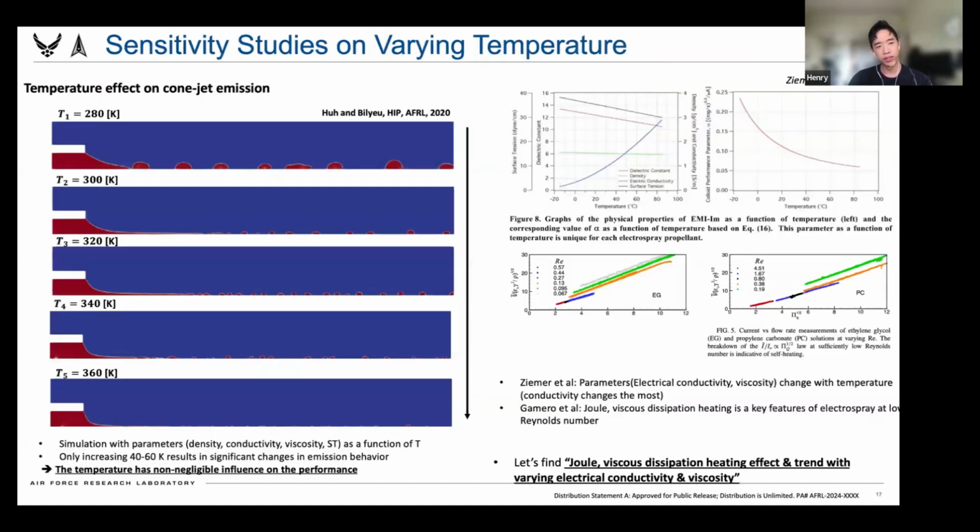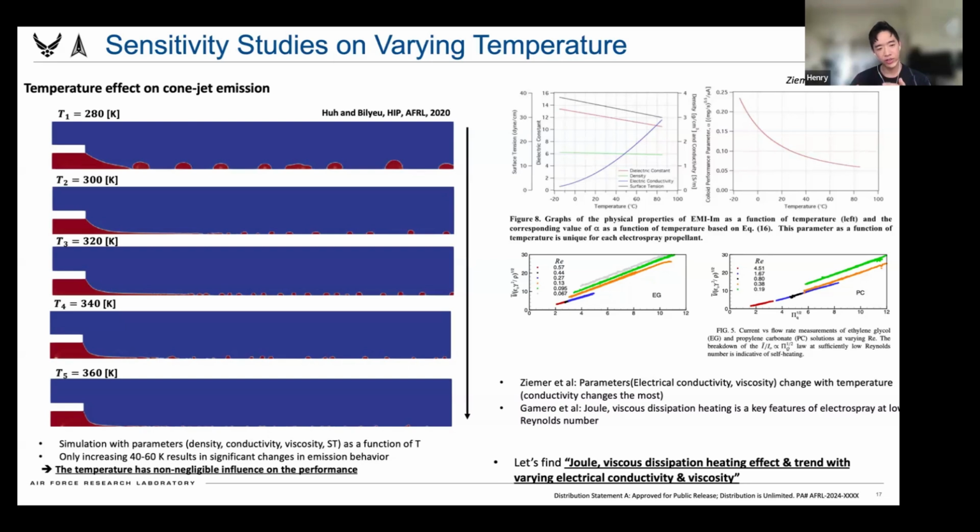We also did a lot of sensitivity studies. In this case, we did varying temperature sensitivity studies because density, electric conductivity, viscosity, and surface tension change as a function of temperature. The operating temperature is from 280 Kelvin to 360 Kelvin.